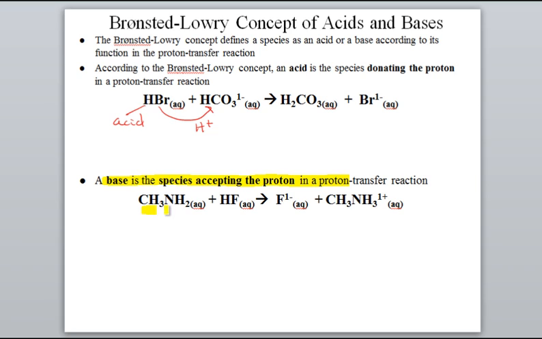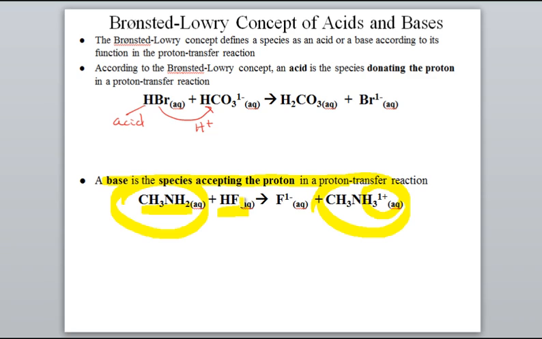The definition of a Brønsted-Lowry base is the chemical to which the hydrogen bonds. If we look at this reaction, there are two chemicals. What's happening to them on the product side? This chemical has 5 hydrogens. On the product side, there are 6. It's having a hydrogen cation bond to it. So this neutral molecule on the reactant side has 5 hydrogens. On the product side, it has 6, but it also gained a positive charge, so it's 1 positive.